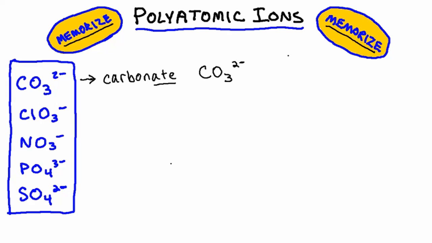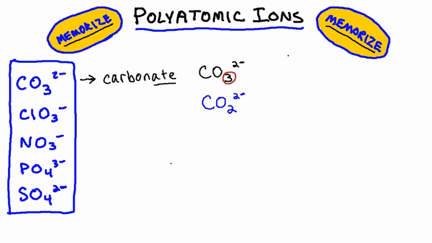That's carbonate. But what if you have a molecule that has 1 less oxygen than this 3? Because see, there's 3 atoms of oxygen in carbonate. But what if you were to have the same thing just like carbonate, but a CO2 with a 2 negative charge to it?